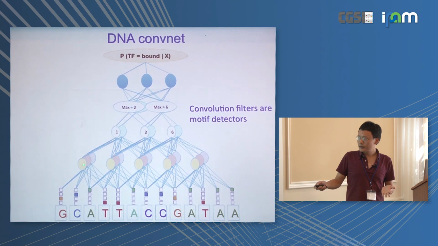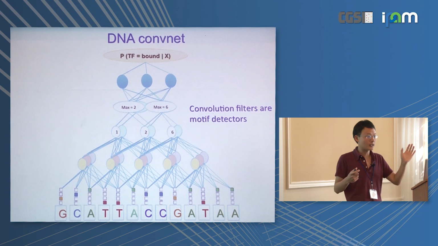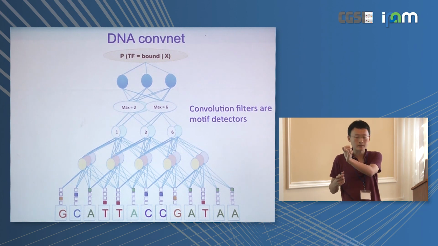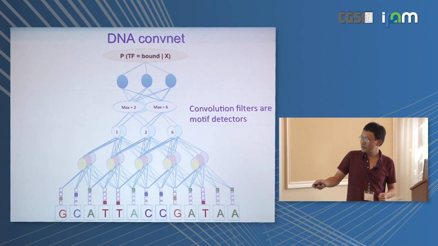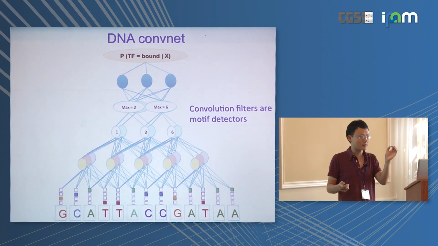Exactly as before, we have these local convolutional filters. Each filter is going to scan across the sequence, looking for particular substructures. The nice thing about these filters is that they are spatially invariant, so the same filters are applied everywhere. In this example, each color corresponds to a different filter, and different filters have different sets of weights, so they're looking for different subsequences, essentially different motifs.